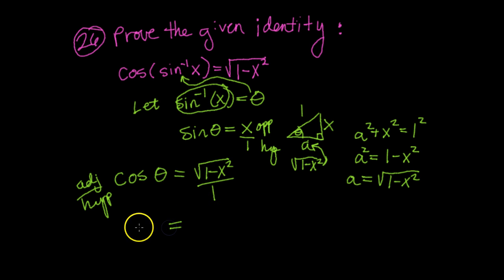So I can say that cosine of theta is equal to the square root of 1 minus x squared, QED. You do this a lot in calculus when you're taking the derivative and integrating. It's important to know this property and how to find the other angles.